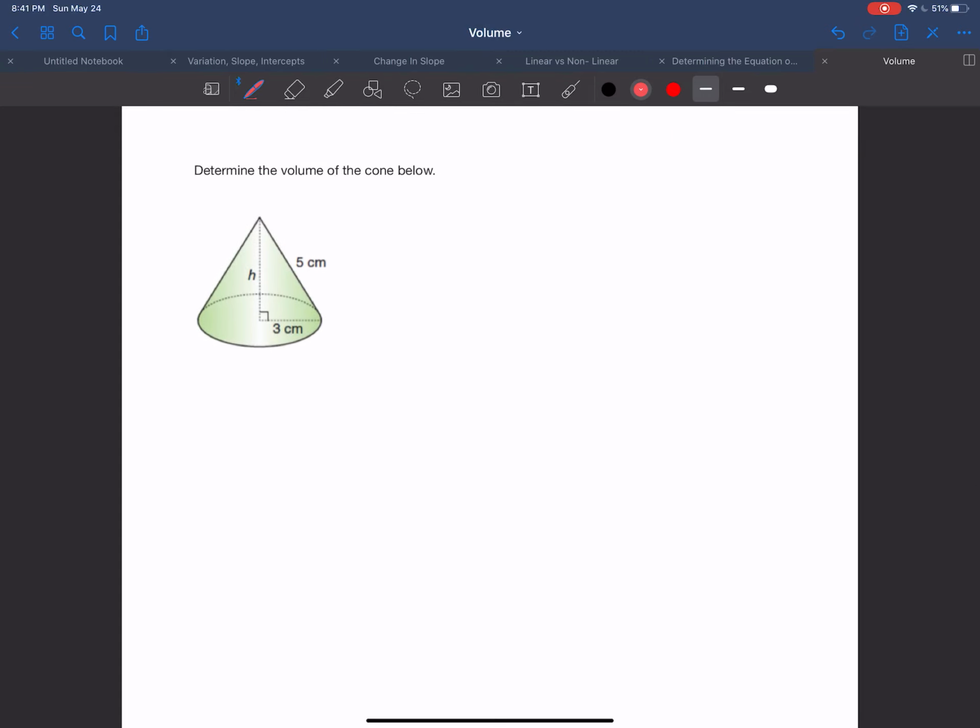A cone is a pyramid just with a circle on the bottom. So the area of the base, we have a circle with a radius of 3. The area of a circle is pi r squared. Pi is 3.14, which you should memorize.